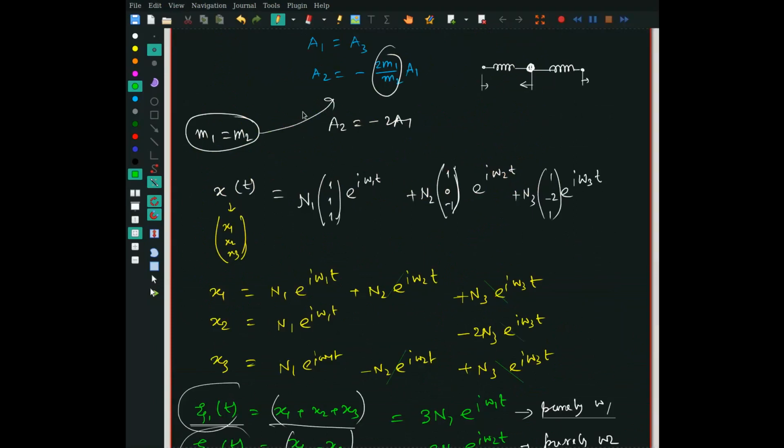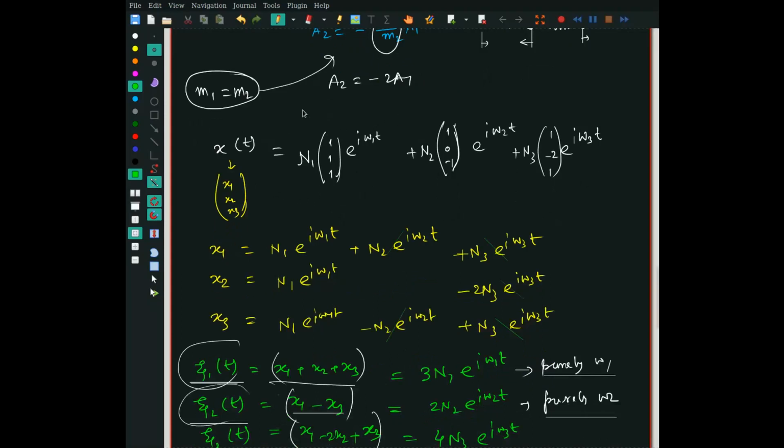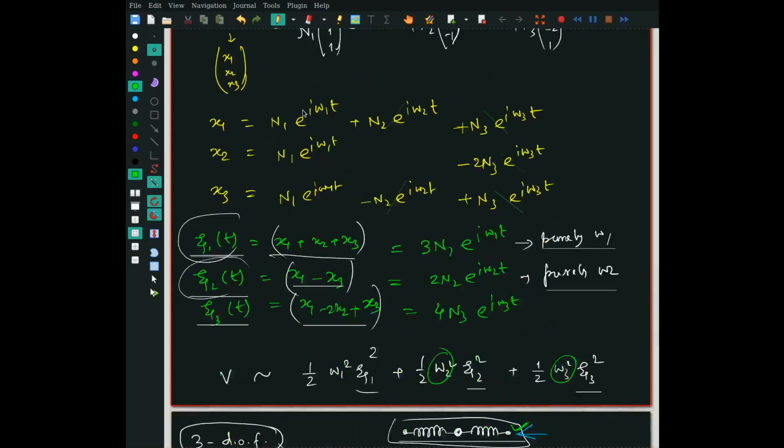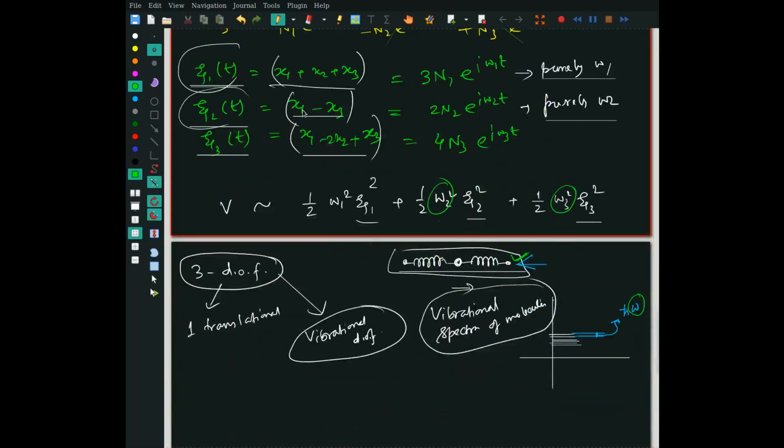In the previous class I mentioned that you can do that, but that is not very often necessary. You can get it from intuition, like what the linear combination will be. But if you are in a completely blind situation and do not get any intuition, then you follow the recipe that I described in the previous class. Towards the end, I described how you can find your normal coordinates. It should be clear there.